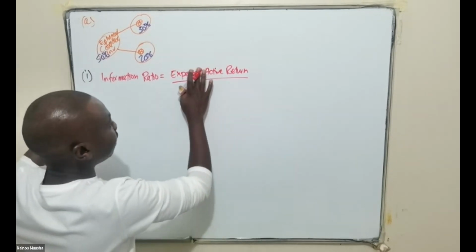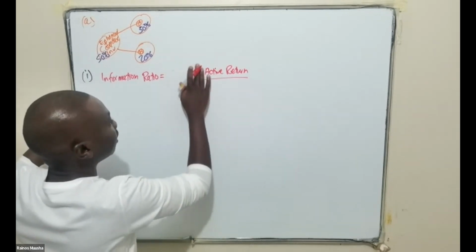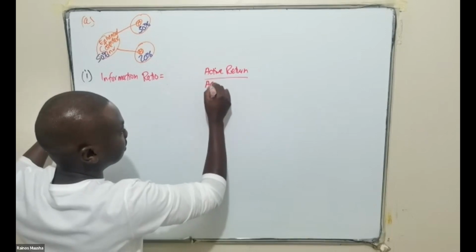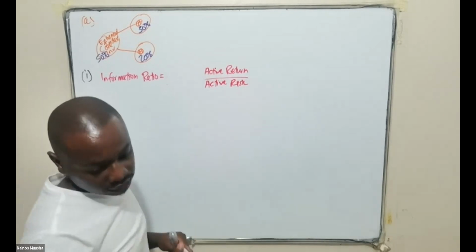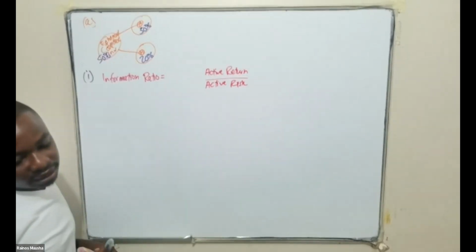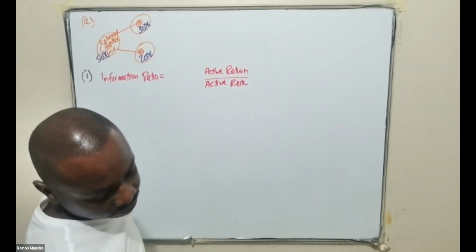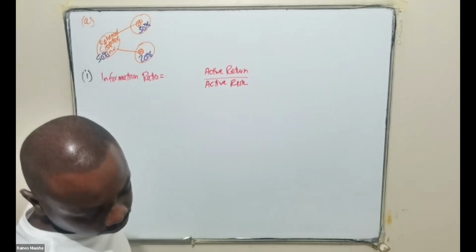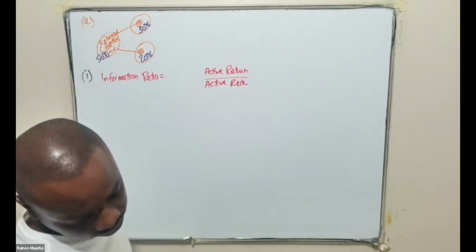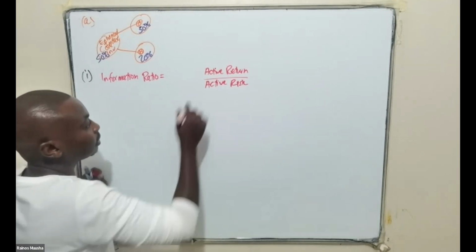So it's basically your active return divided by your active risk. Now, on the given information, if you check on the given information, it's your expected.